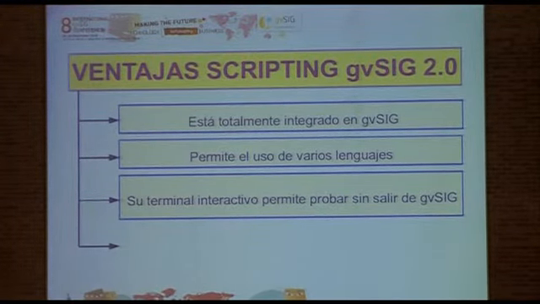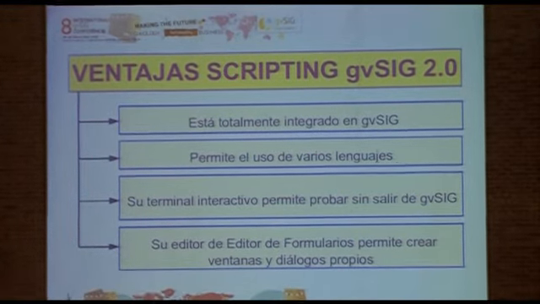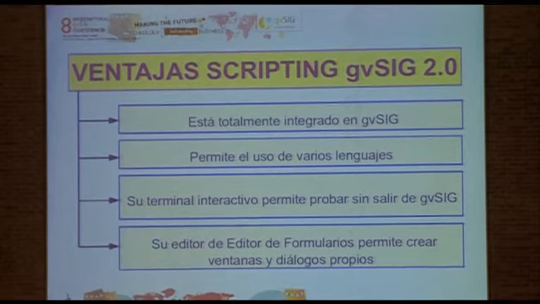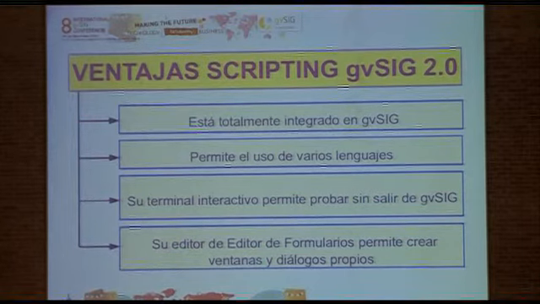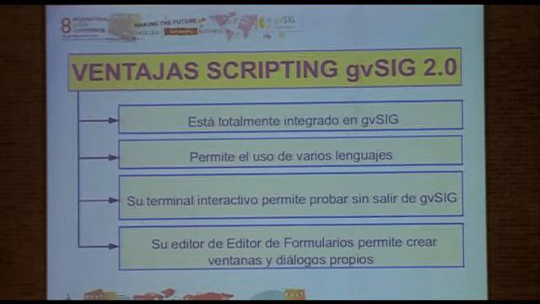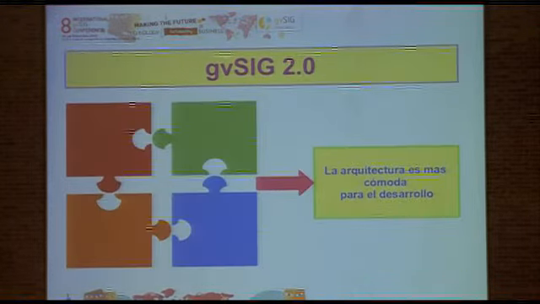We also have an interactive terminal. If you've been working with Python, I'm sure you have used it. You can test it, you can check if you are running it or not, and you can check exactly what your code is doing. And finally, we have a form editor embedded in the system too, allowing us to interact with the users.